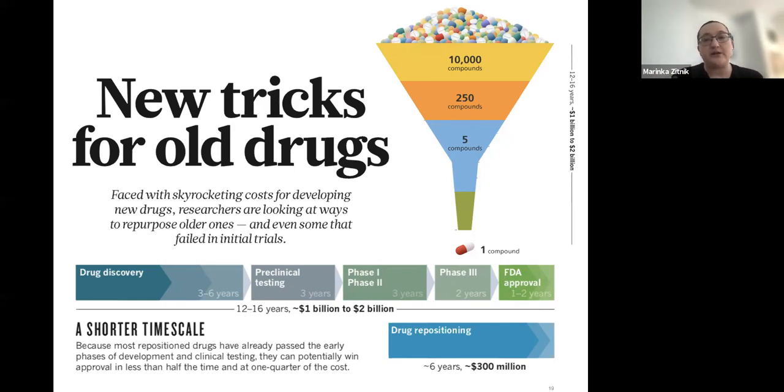So the goal is really to find whether there are certain new tricks that we could use existing drugs for. So perhaps the most famous example of repurposing is that of Viagra, which was initially designed for a cardiovascular disease, but then was repurposed for other uses.